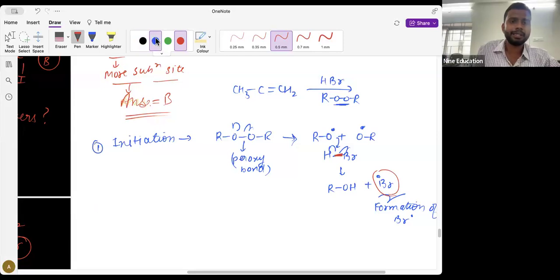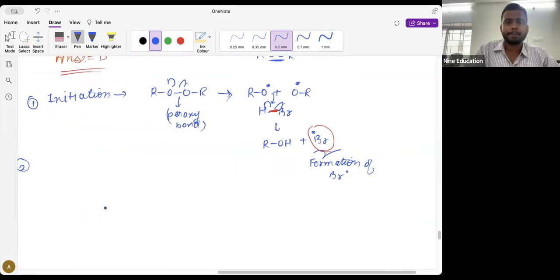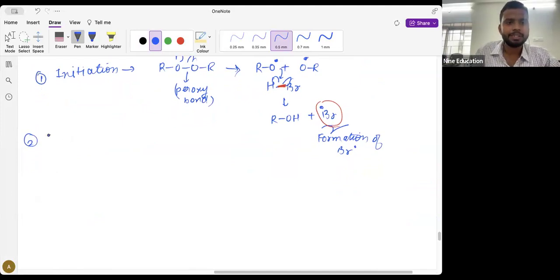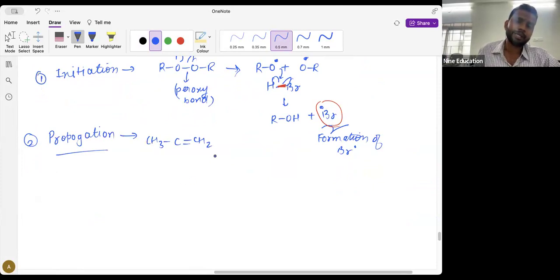Let's say this was our initiation. The second one, let's see, is propagation. Propagation means how it moves forward. So we had this alkene and this Br radical.